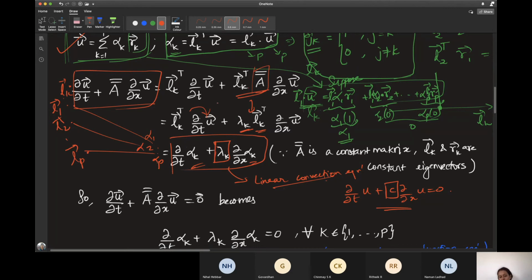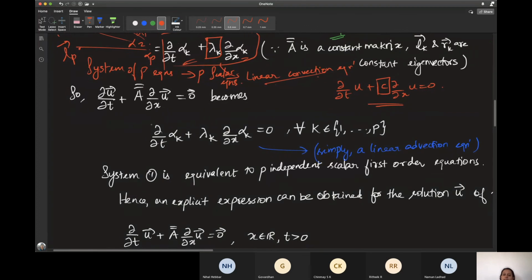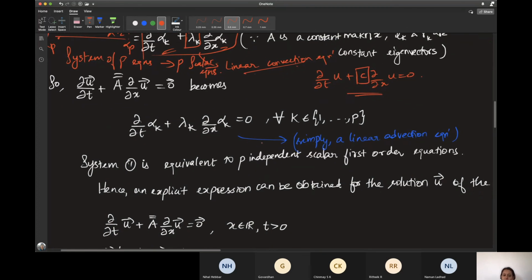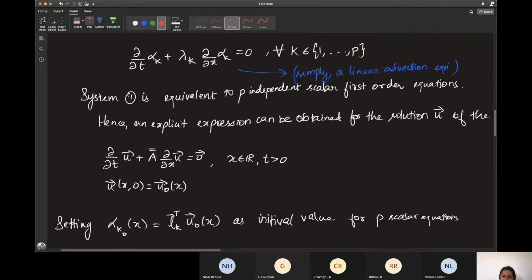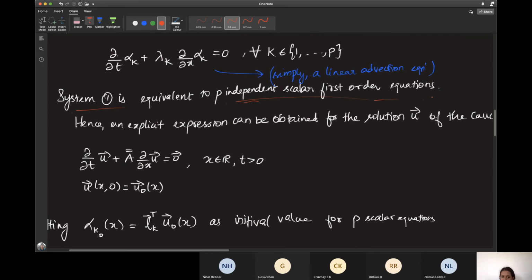This whole system of p equations has been split up into p scalar equations. I think I've written the same thing here. So that first initial system that you took is now equivalent to p independent scalar first order equations.